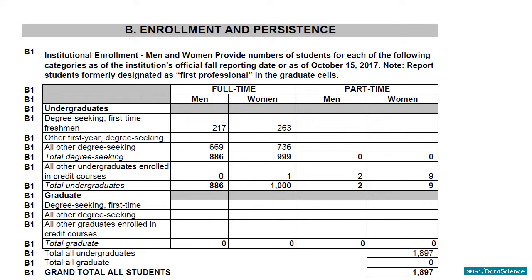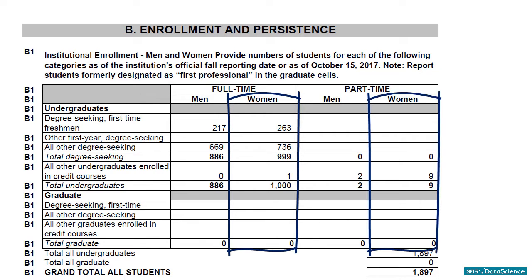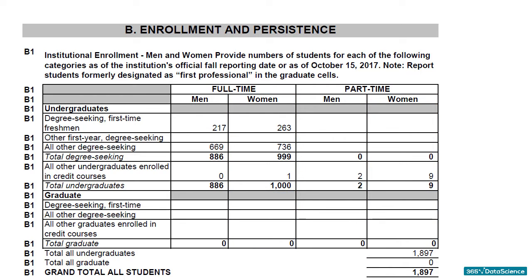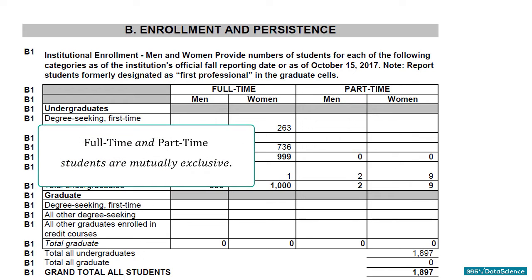Now, the union of all women, both full-time and part-time, would be 1,000 plus 9, or 1,009. This is true because no students can be simultaneously part-time and full-time. A Bayesian way of expressing this relationship would be to say that the sets of part-time and full-time students are mutually exclusive.